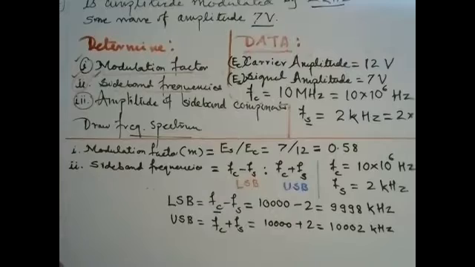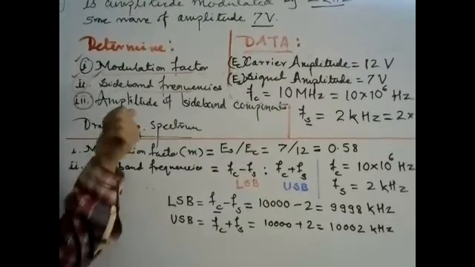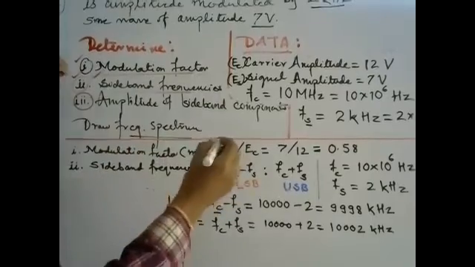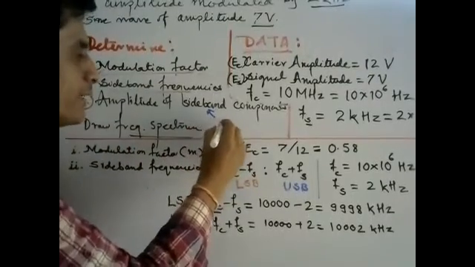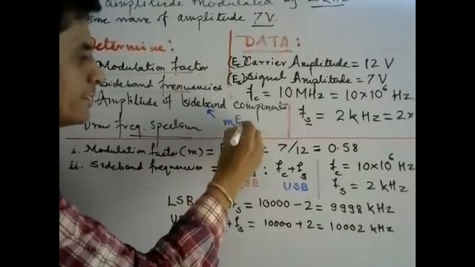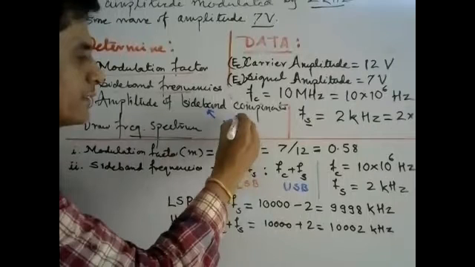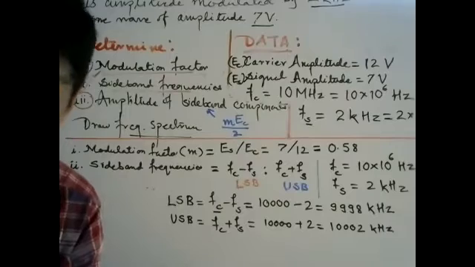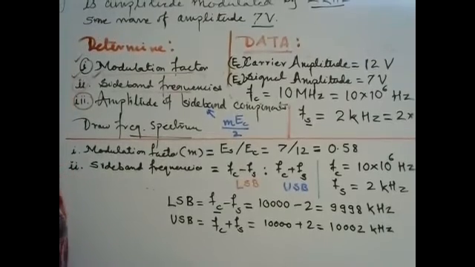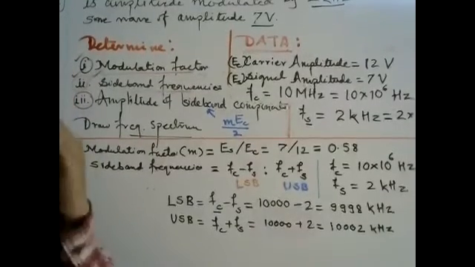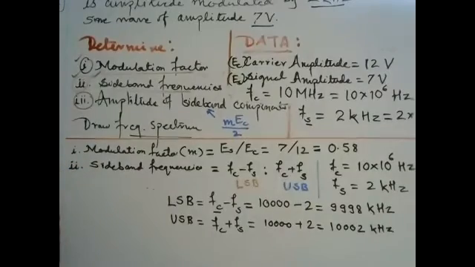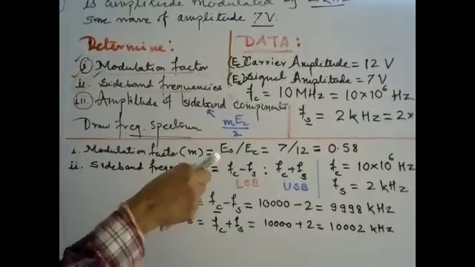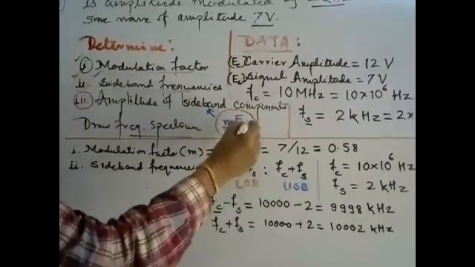There is a formula for the amplitude of sideband component: M into EC by 2.